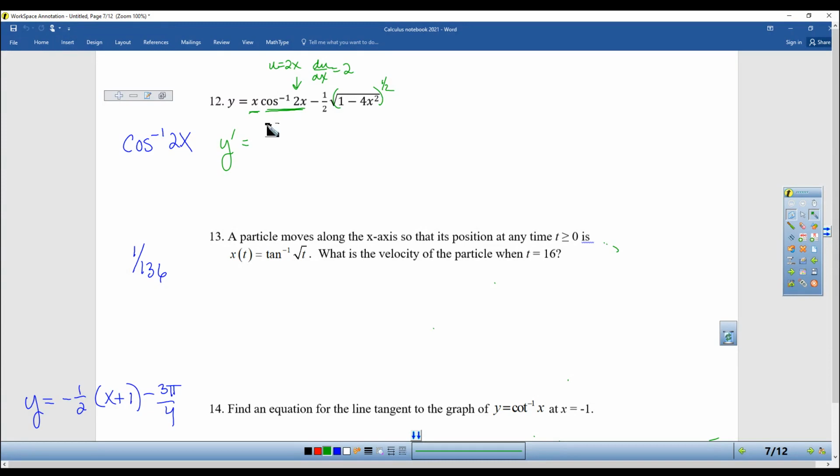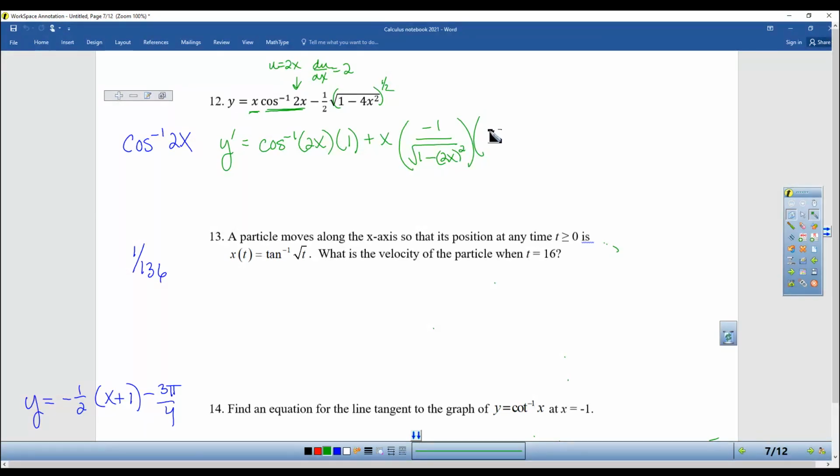All right, derivative, product rule. The second times the derivative of the first plus the first times the derivative of the second, which for cosine is negative. And then it's the square root of 1 minus u squared. U is 2x.